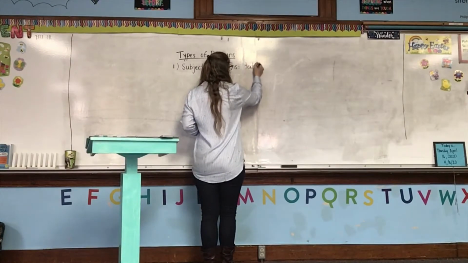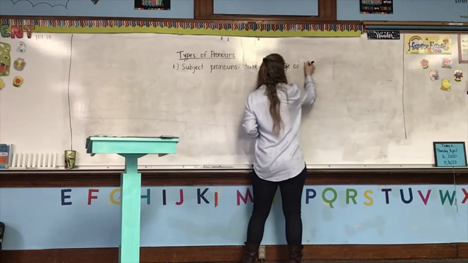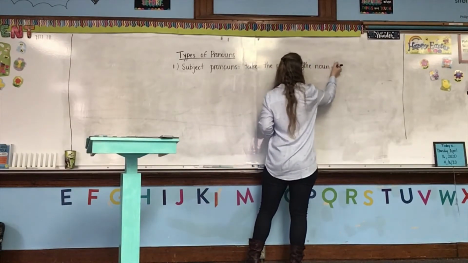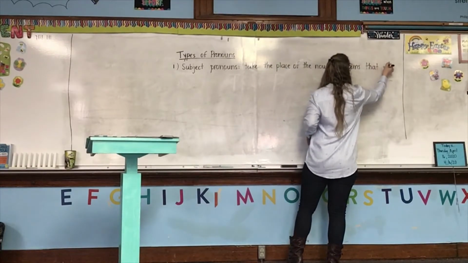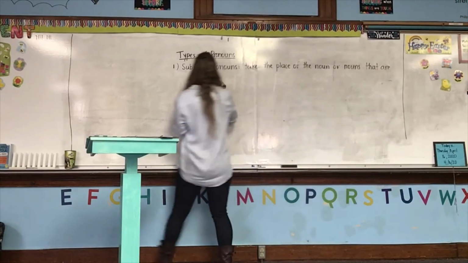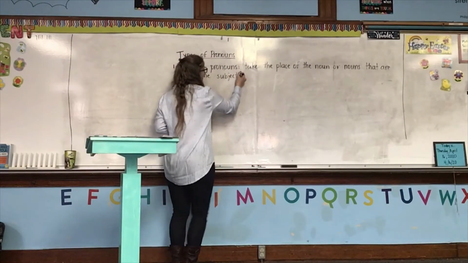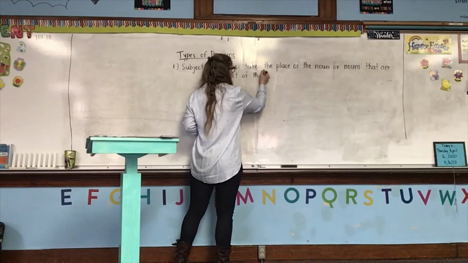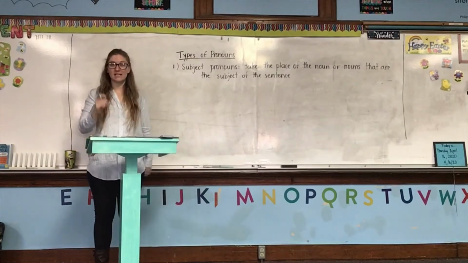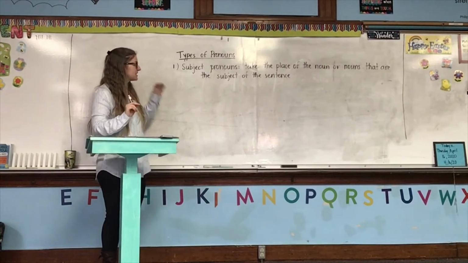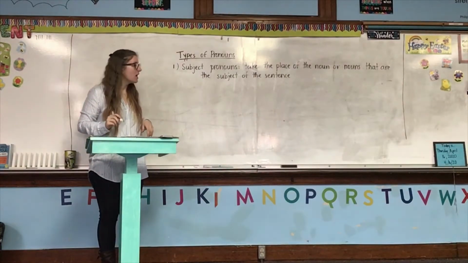They take the place of the noun or nouns that are the subject of the sentence. So remember, the subject is who or what is doing the action in the sentence. And a subject pronoun takes the place of the noun or the nouns that are used as the subject of a sentence.